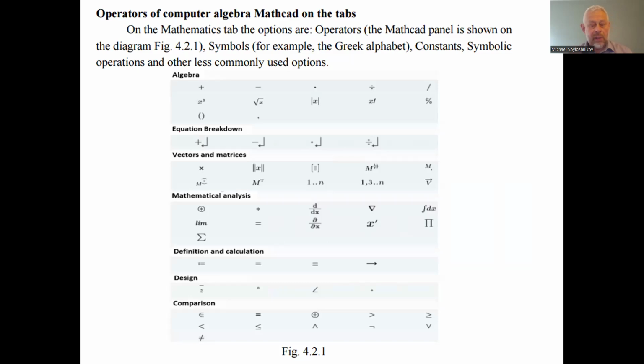What we have here is algebra: plus, minus, scalar product, the root of a definite power, the modulus, factorial, percent, etc. As well, equations, vectors and matrices. We can do operations with vectors and matrices.